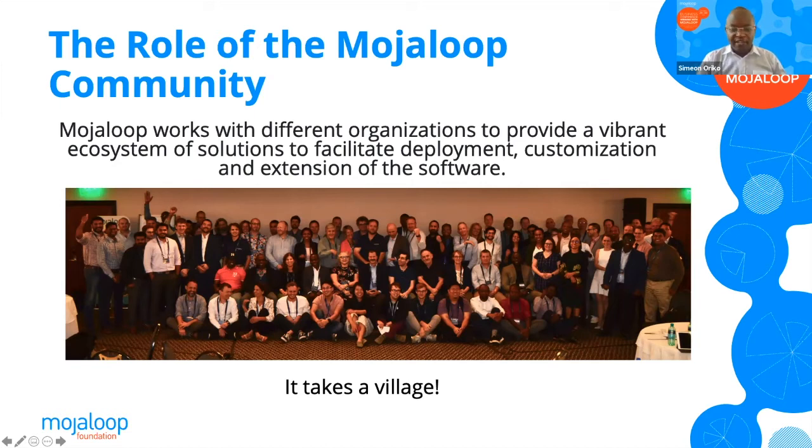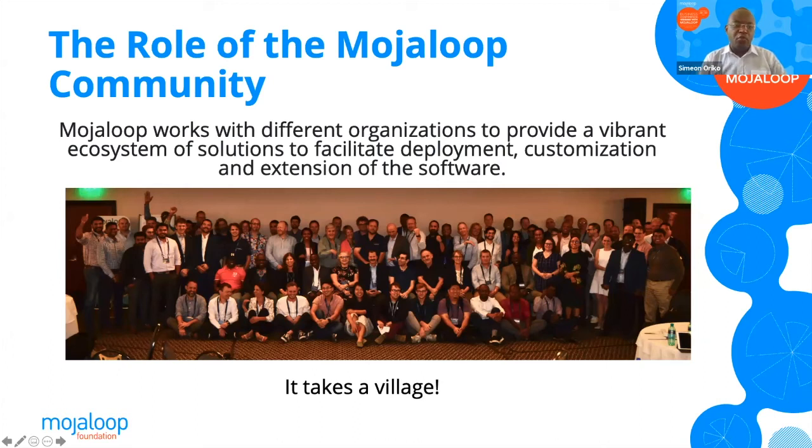One of the hallmarks of any open source organization is at the core of it is a community. And I think one of the unique pieces about the Mojaloop community is that it's a mesh of a couple of different groups of people, individuals, and organizations.